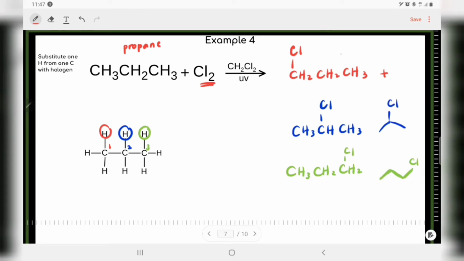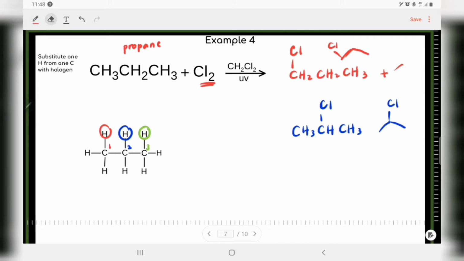While structure number 1, orange, 1, 2, 3 carbon and we have carbon number 1 has Cl. So as we can see, the structural formula for the orange structure and green structure are the same. So the green structure is no need to be written. Kita tak perlu tuliskan structure daripada produk daripada carbon yang ketiga sebab sama macam structure orange iaitu daripada carbon yang pertama.